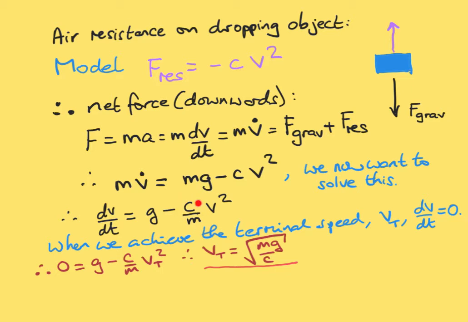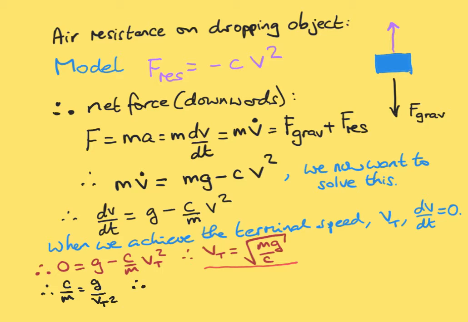So we have c over m here, and c over m is in this equation here. So from this equation, what we see is just taking these terms over to this side and dividing both sides by Vt squared, is that c over m is g over Vt squared.